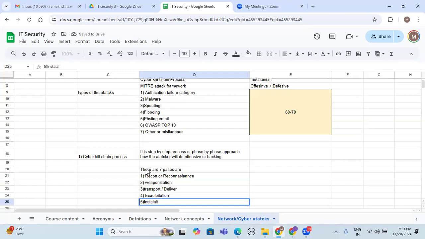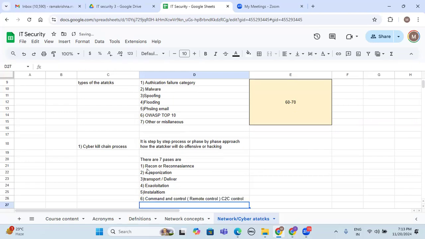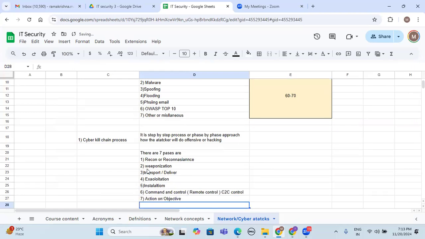Then installation, and command and control. This is called remote control or C2 control. Interview question: what is meant by command and control? Finally, the attacker's action on objective, or goal. They want data or maybe they want money. That is called actions on objective. That is called the cyber kill chain process.